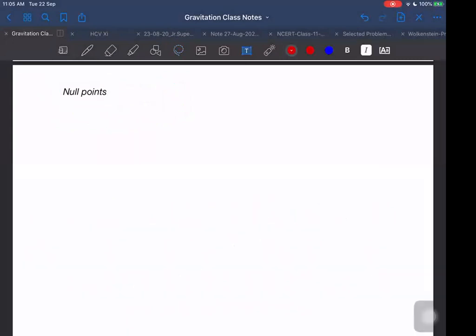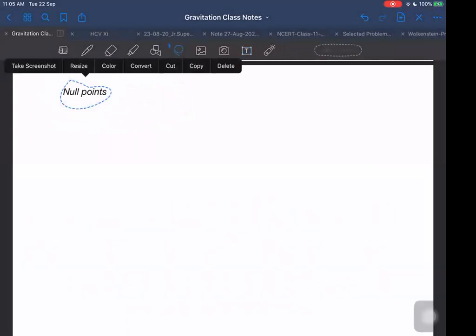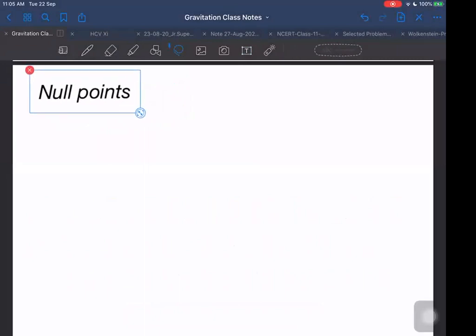Points where net field is 0 will be called as null point. Starting with simple examples, I will take point masses, and along this line we have to find out where the null point will lie.